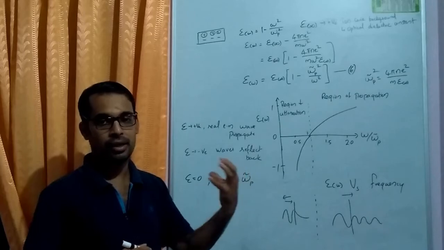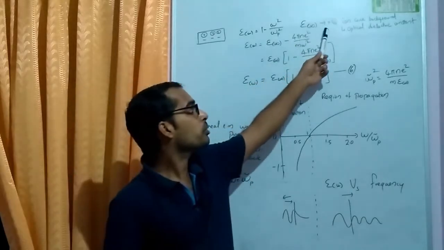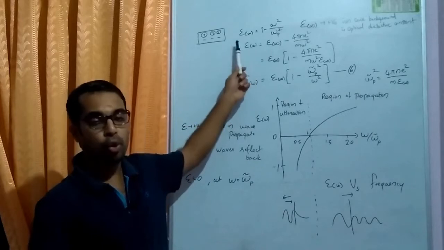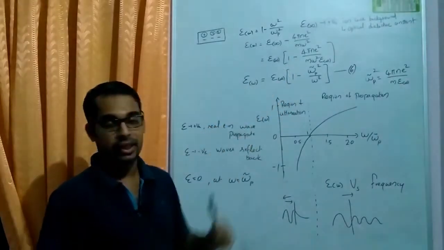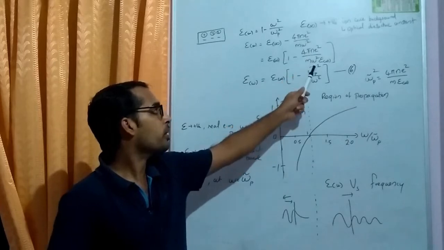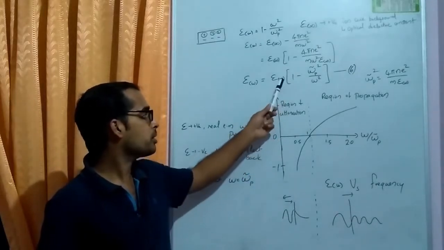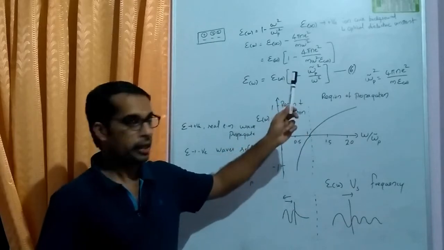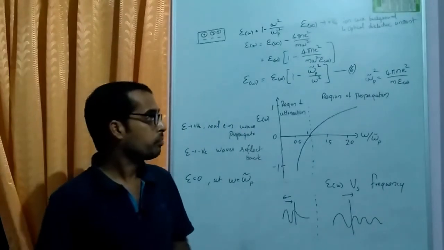Electrons are displaced in an ionic background medium, and the corresponding dielectric function is epsilon infinity, which is due to the ion core background and is also called the optical dielectric constant. Now epsilon(omega) can be expressed as epsilon infinity minus 4 pi n e squared divided by m omega squared. Taking epsilon infinity outside, this becomes epsilon infinity times 1 minus omega_p-cap squared divided by omega squared, where omega_p-cap squared is equal to 4 pi n e squared divided by m epsilon infinity.